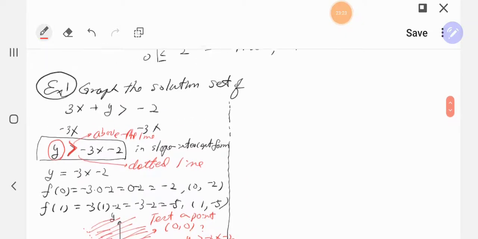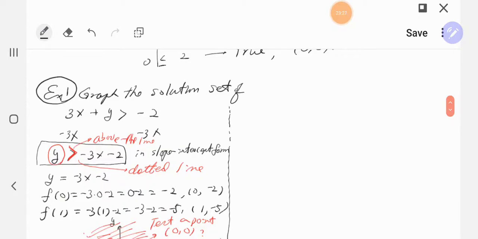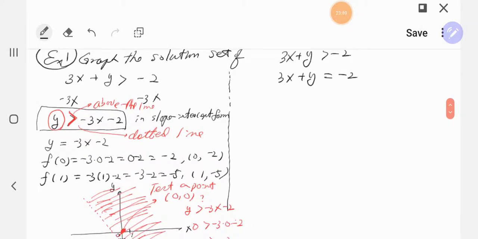Okay, let's try another method. Another method is just write an equation, and then plot the points. Okay, so when x equals 0, then 3 times 0 plus y is equal to negative 2. This is 0 plus y is negative 2.